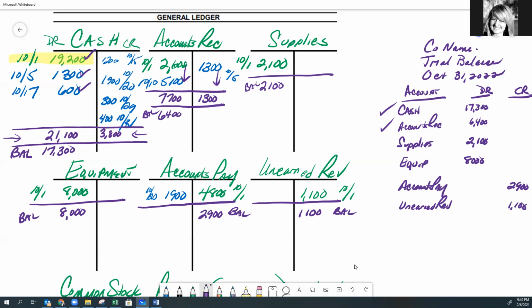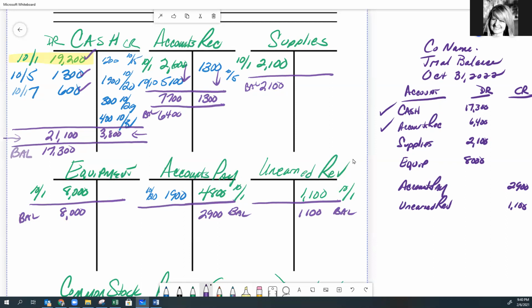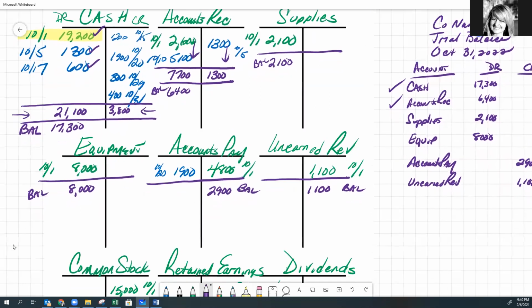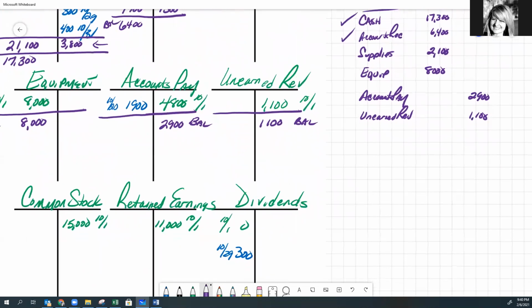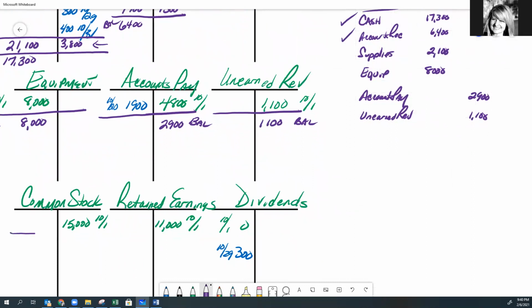Okay, moving down here. Let's see if we can do this easily. Okay, great. All right, so our common stock, well, let's move it down. All right, no transactions there, so our ending balance is a $15,000 credit.